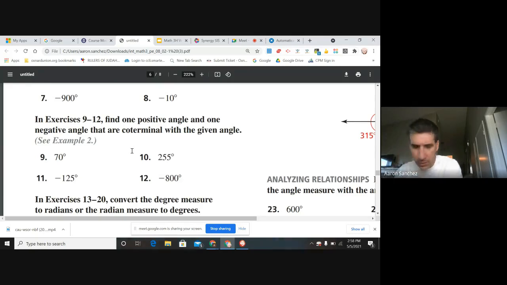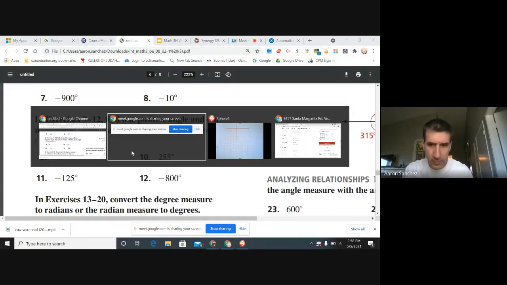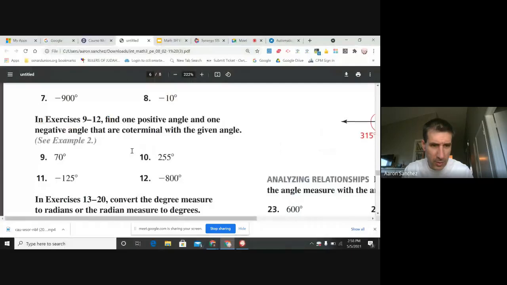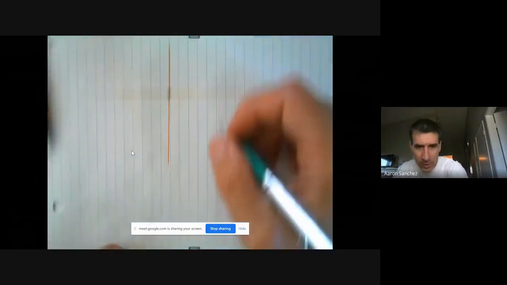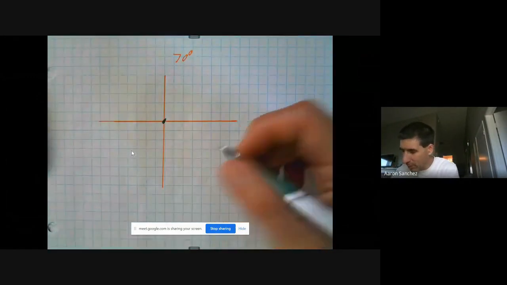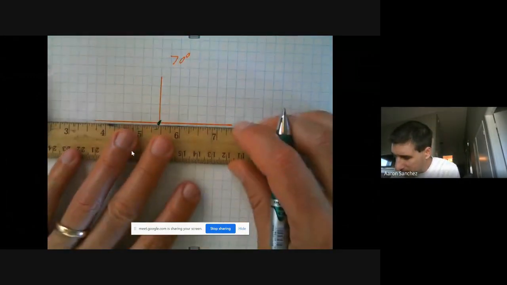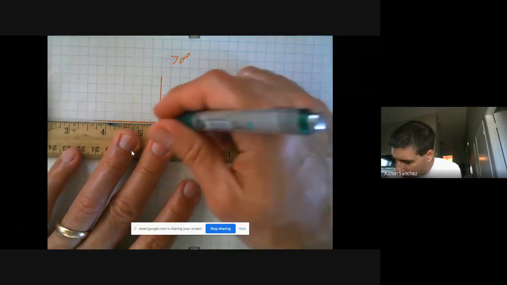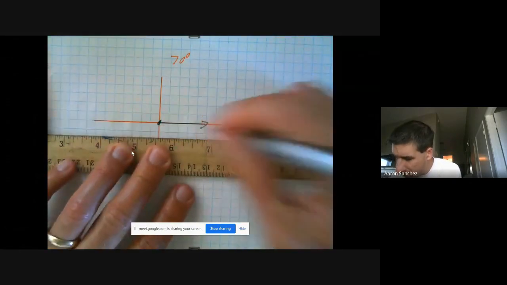Okay, so all we do, what do they want? 9 is 70 degrees. Okay, that's easy. So you just estimate. You don't want the exact answer. So where's 70 degrees? Well, you're going to draw in standard position. You're going to draw one ray right here, right?